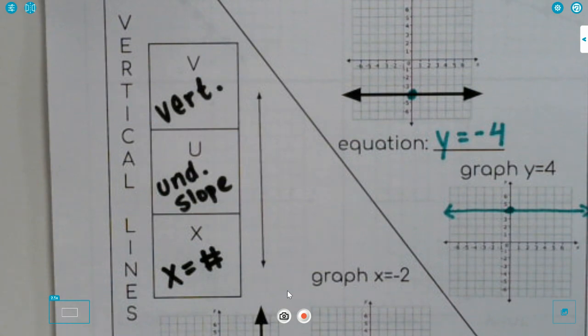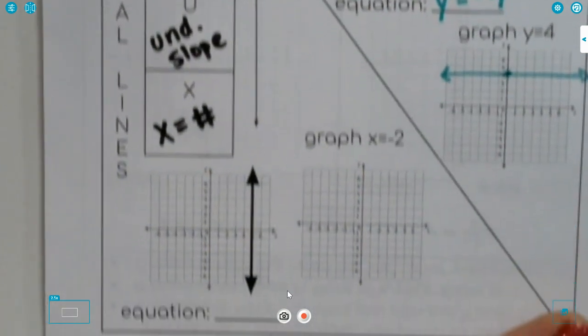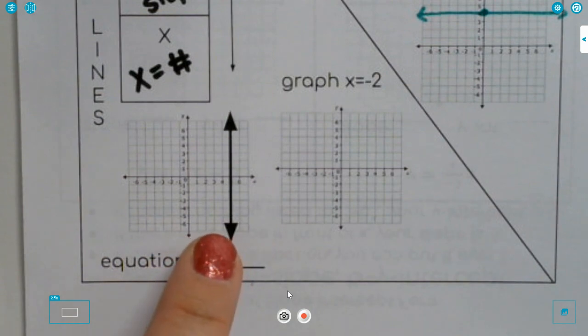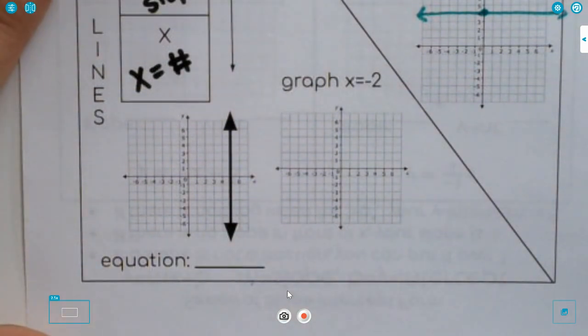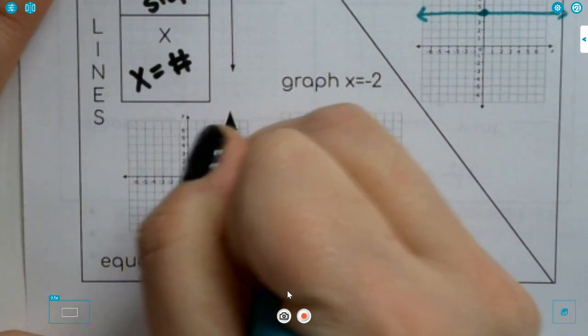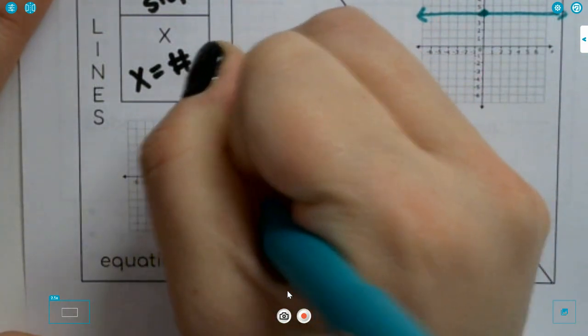So on this one that's already graphed here, we see that it's a straight up and down vertical line. So that's just going to be x equals a number. So this one is x equals 5 because I cross the x-axis at 5.